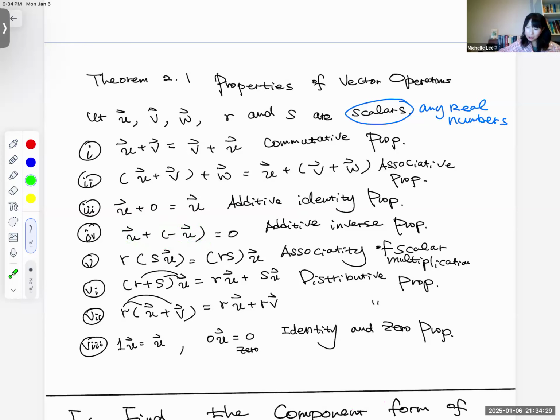And then we have associative scalar multiplication, which means if we change the grouping of the scalars, we still get the same result.